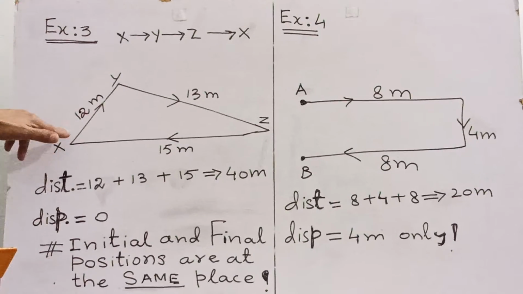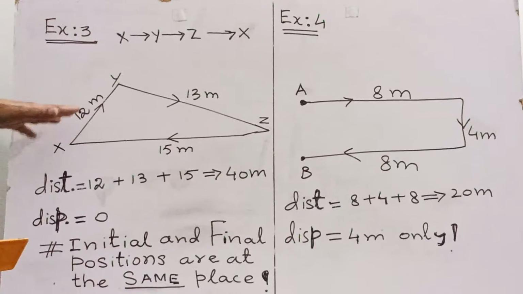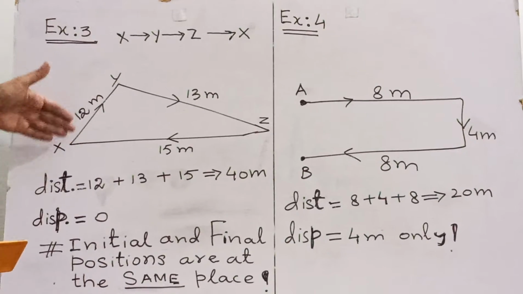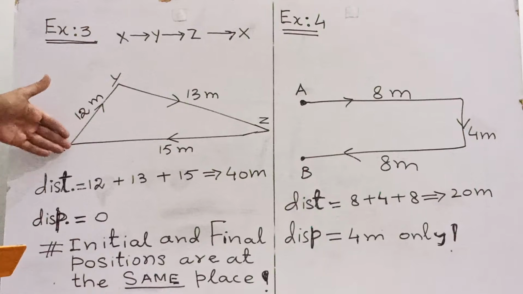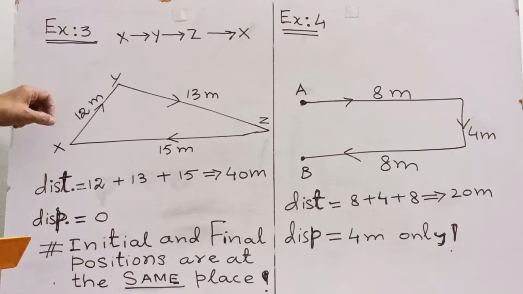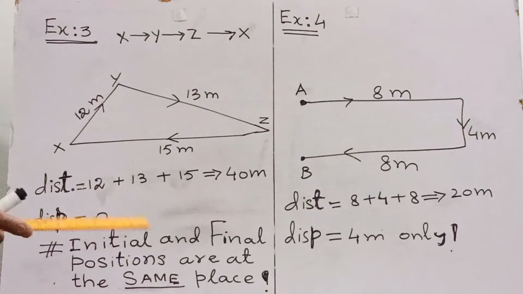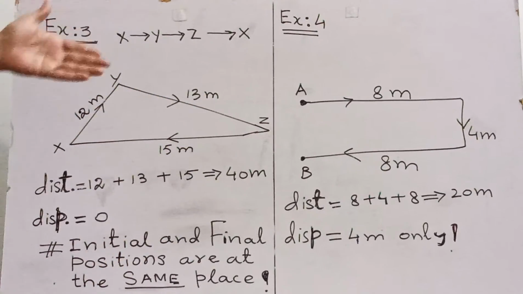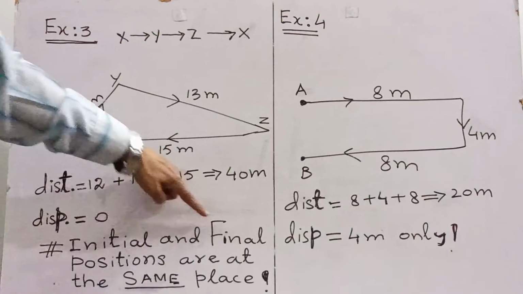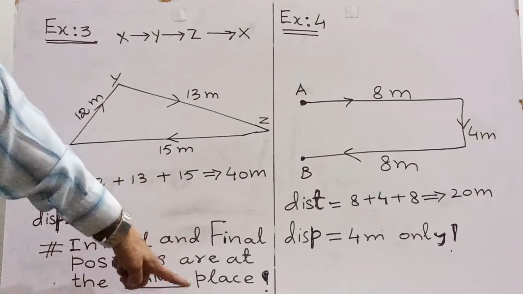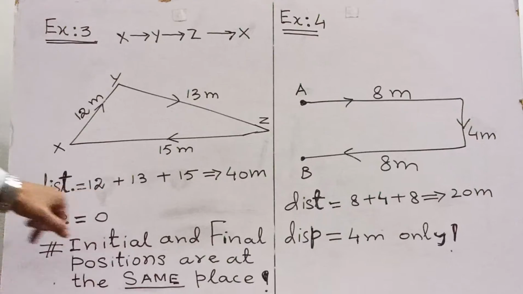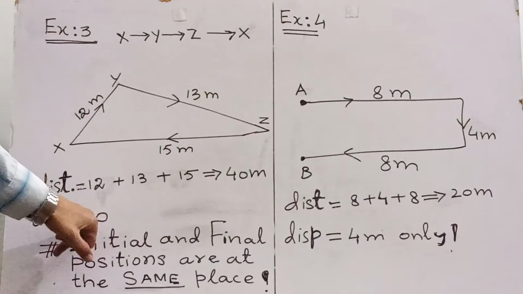It means there is no distance between initial and final. Both positions, initial and final, are the same. So it means displacement is 0 in this case, and in any case, when the initial and the final positions are at the same place, then the displacement is also always 0.